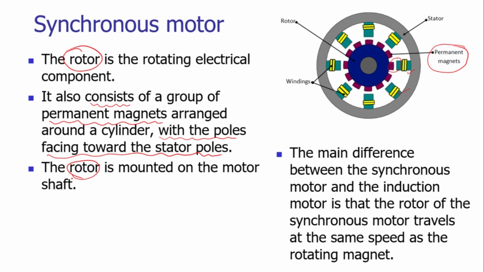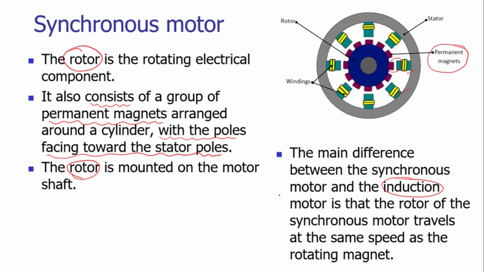Well, the fundamental difference of the synchronous motor, and there is another important variation of the AC motor, that is the induction motor. In the synchronous motor, the rotor is traveling at the same speed as the rotating magnetic field.